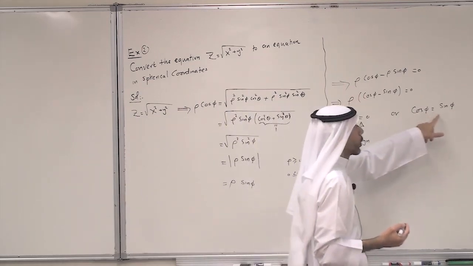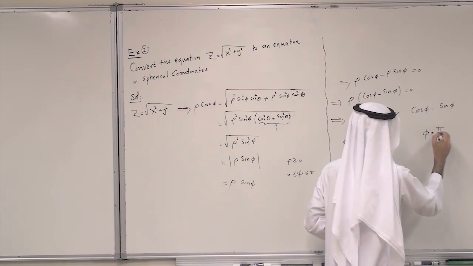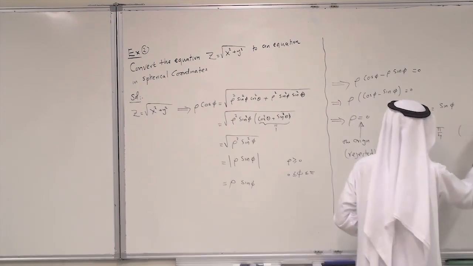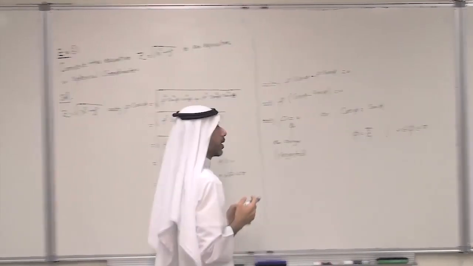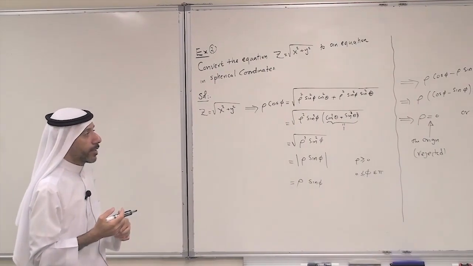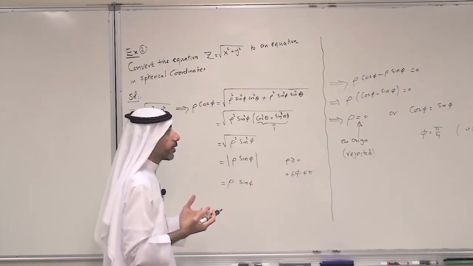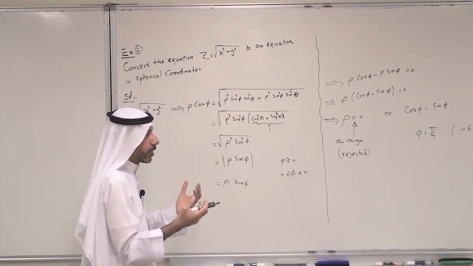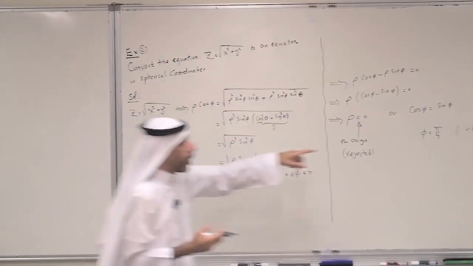Then cosine phi equals sine phi. This gives us phi equals pi over 4, because phi is between 0 and pi. So the only angle whose cosine equals its sine is phi equals pi over 4. So the spherical equation is phi equals pi over 4.